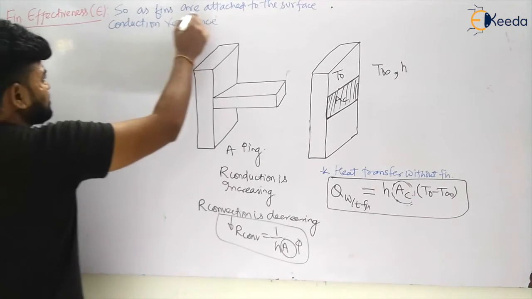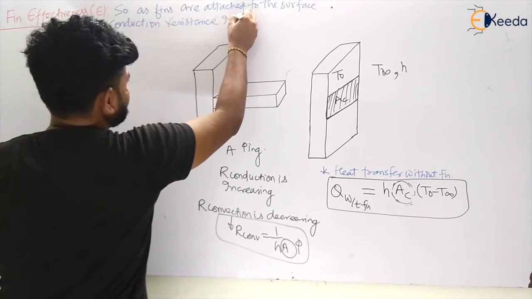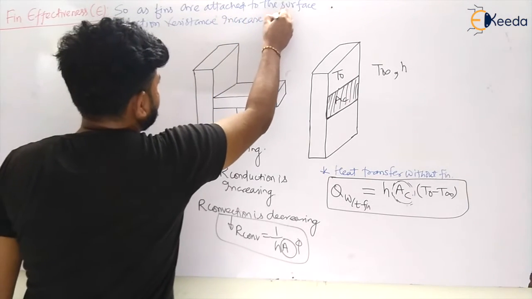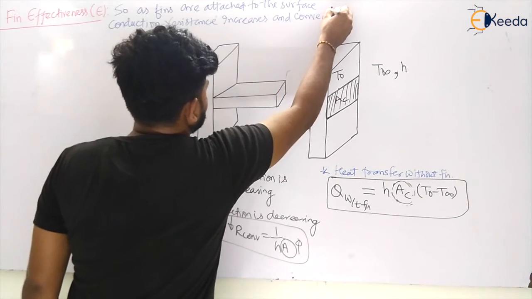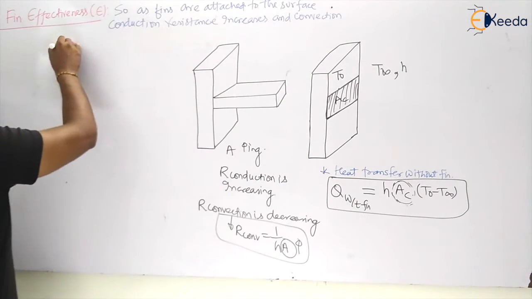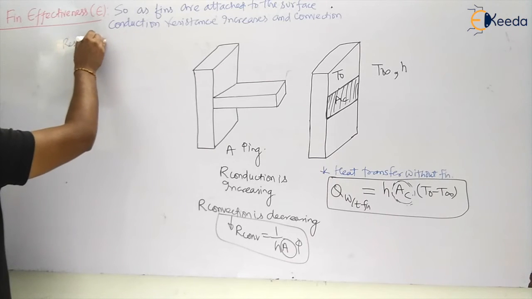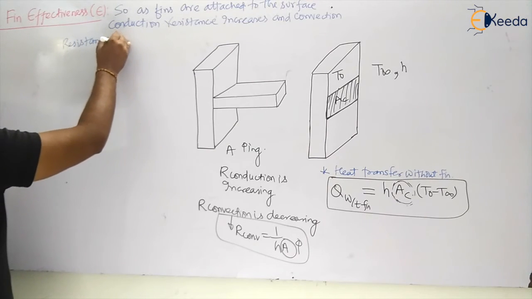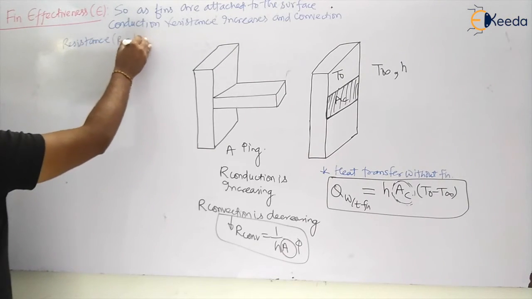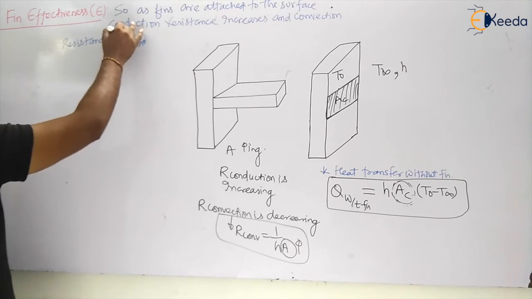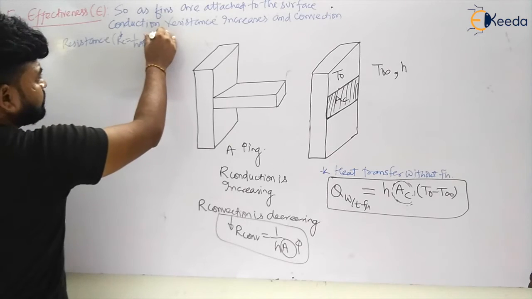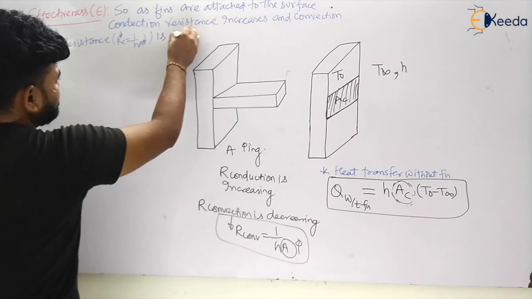And convection resistance, which is given by R_c equal to 1 upon hA, decreases, as area is increasing.